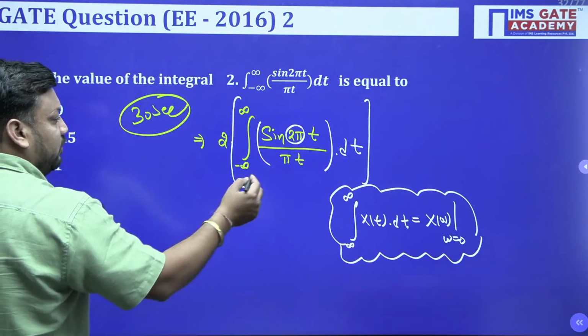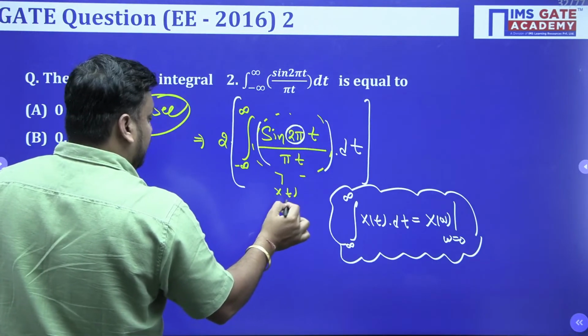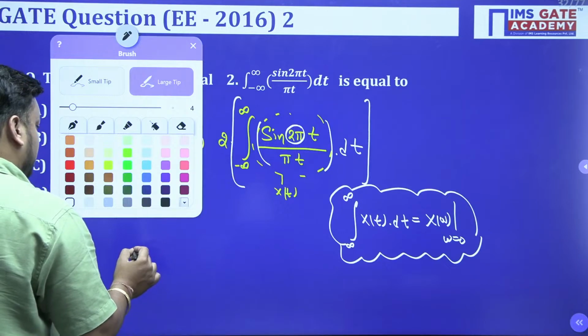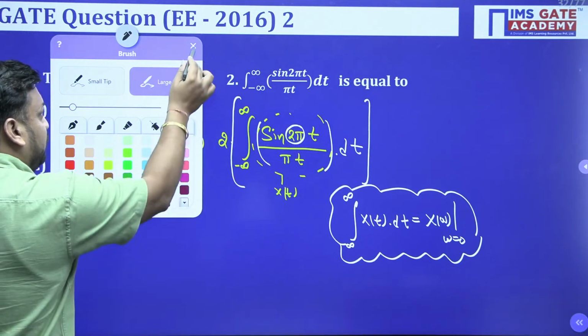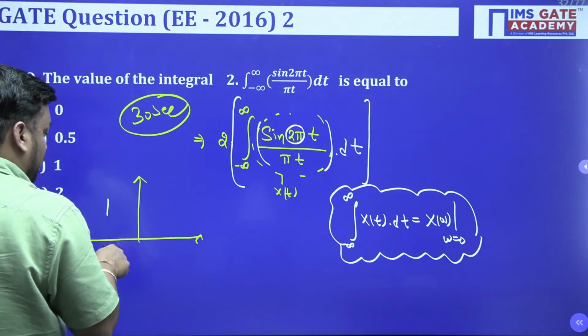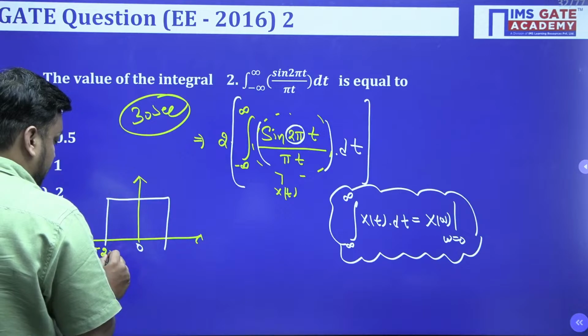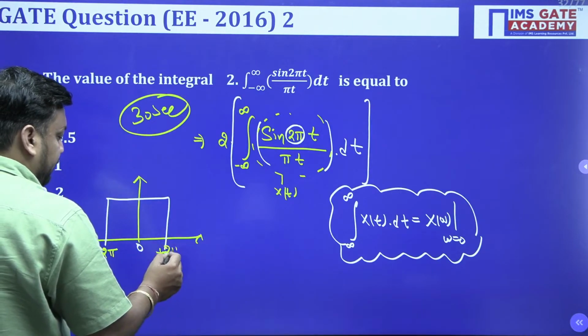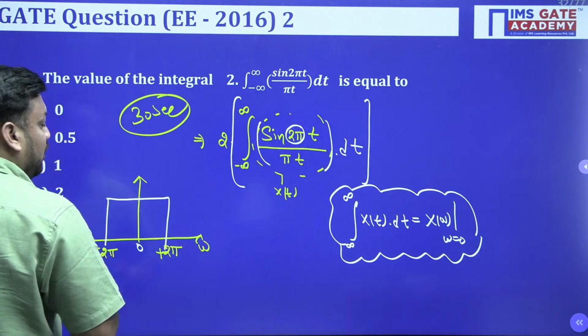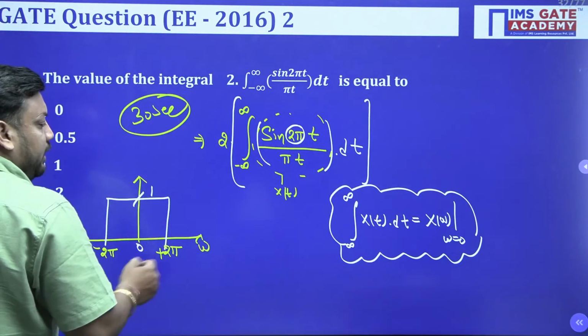If this function is x(t), then its Fourier transform X(omega) will be a rectangular pulse with width from minus 2 pi to plus 2 pi with respect to omega, and the magnitude is 1 only.